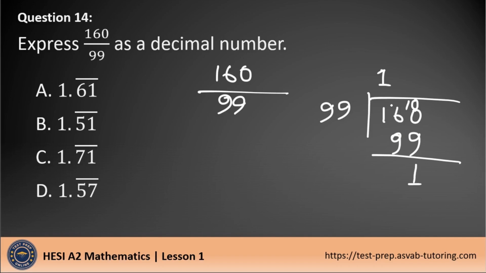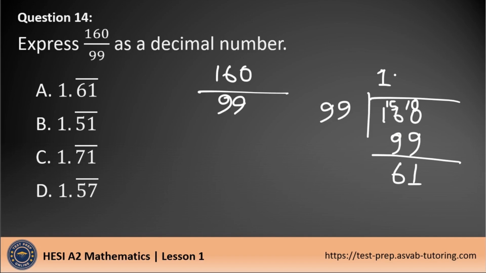1 equals 5. 5 is less than 9, so we will borrow 1 from the next digit. So now it becomes 15. So 15 minus 9 equals 6, so it's 61. So 61 is less than 99. We will take a point.